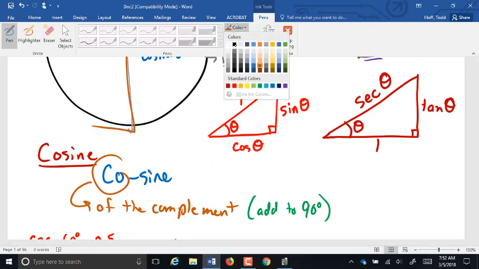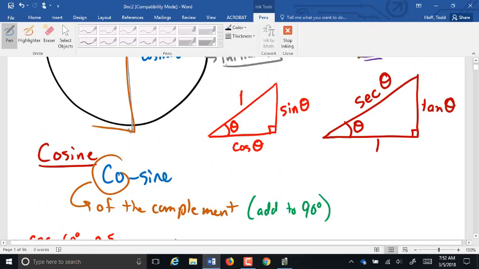Back up to these lovely little triangles up here. If I want to start looking at similar triangles, if I want to try to define the sine here, what I'm going to do is compare it back to this side here, its hypotenuse. So I've got sine of theta over 1.